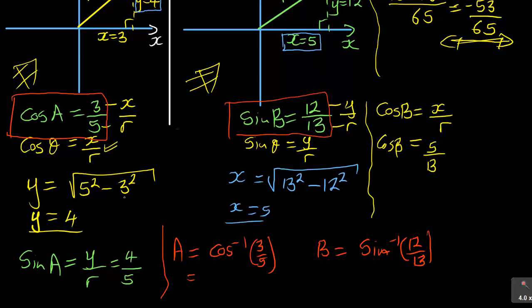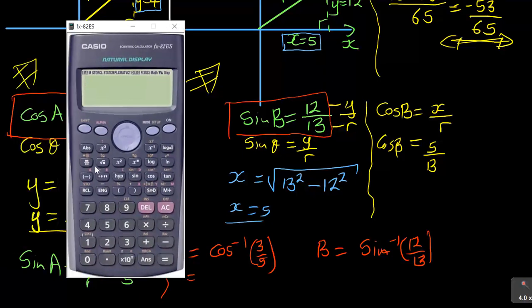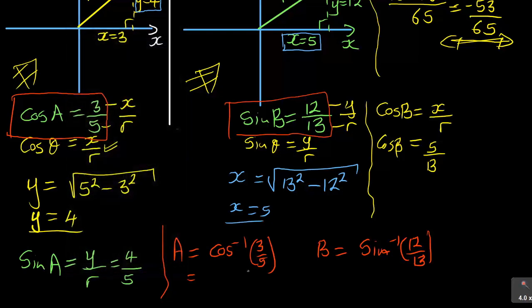So the first one, arc cos 3 over 5, shift arc cos 3 over 5, and I think I'm getting 53.130 degrees.